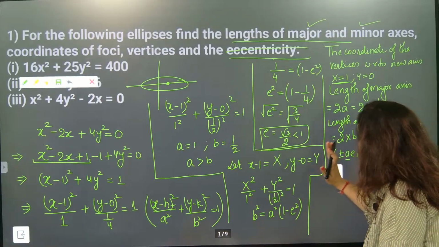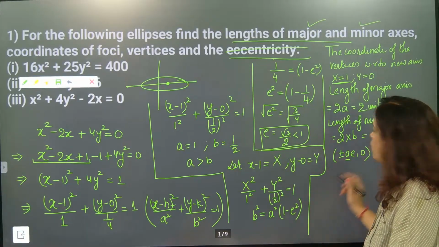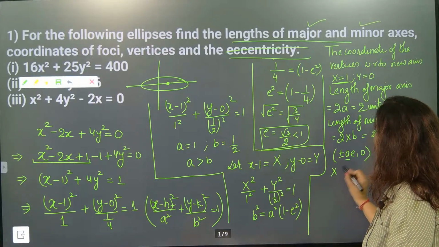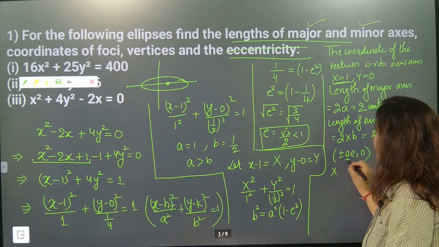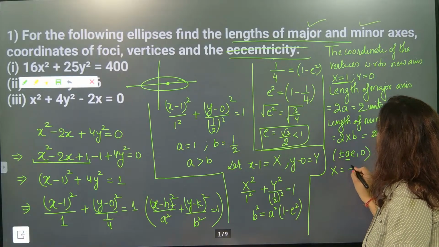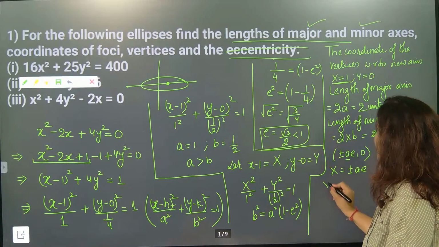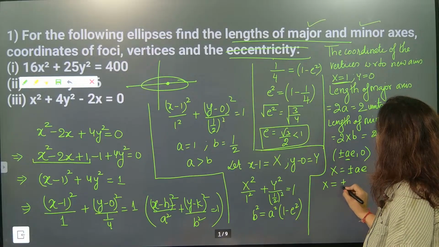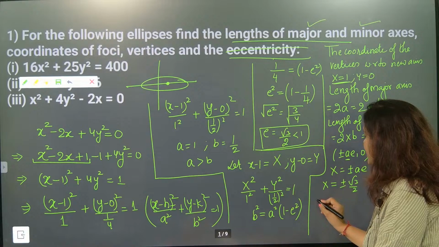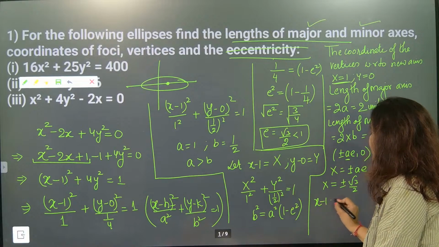See the focus section very nicely. Usually the focus value should come like this, so our capital X will be plus minus AE, which is plus minus root 3 by 2. But what is our capital X? Capital X we have taken as X minus 1.